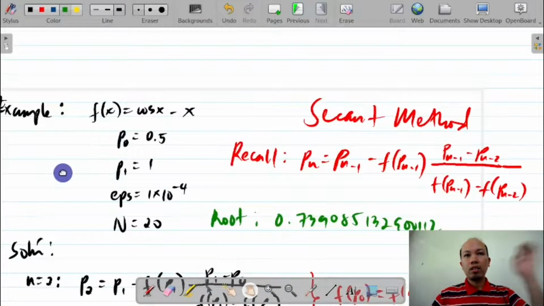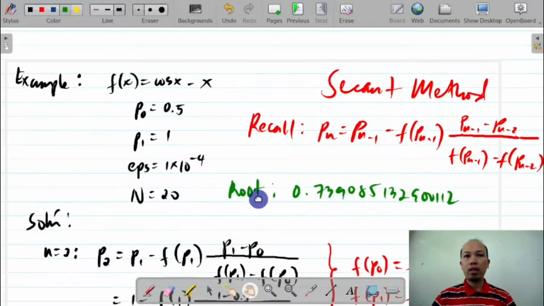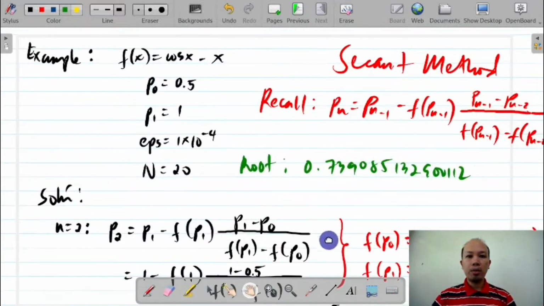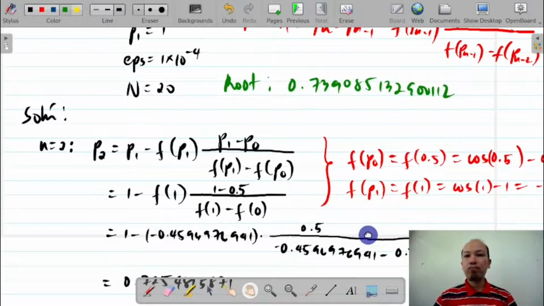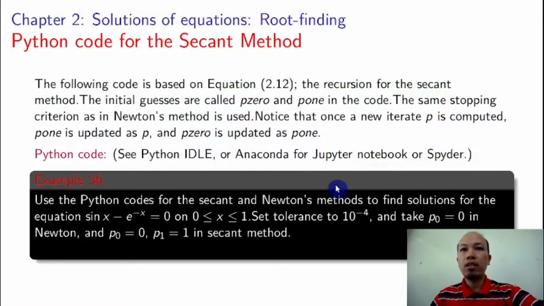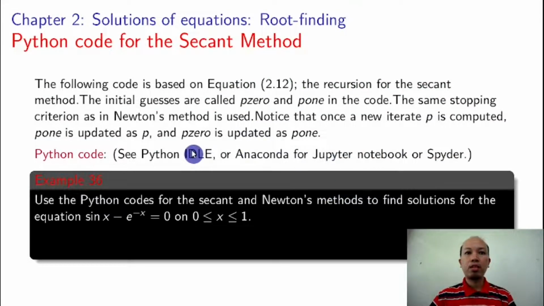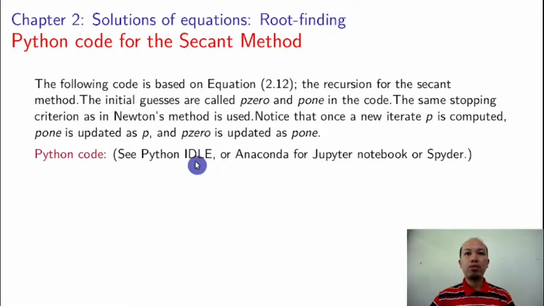Cosine x minus x, to find the root. So now we are ready to type the Python code for the second method. Let's go to our PDF. This one here, Python code for the second method.